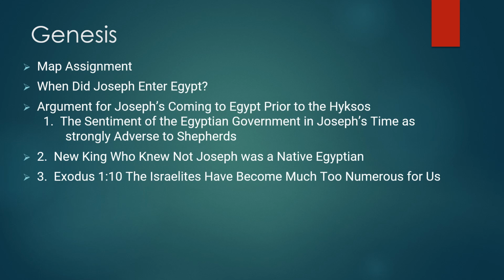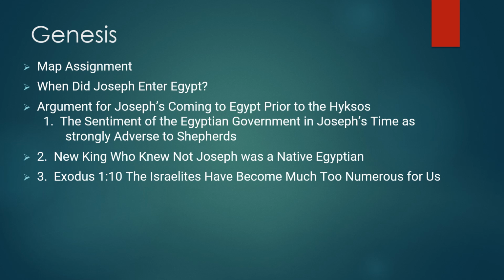So the argument based on that statement of the number of Israelites relative to the Egyptians is used as an argument in favor of the Israelites coming prior to the Hyksos time. Then the new king was the Hyksos, and the oppression begins when the Israelites become too strong and too many. Now that's pretty much the way this issue has been debated.